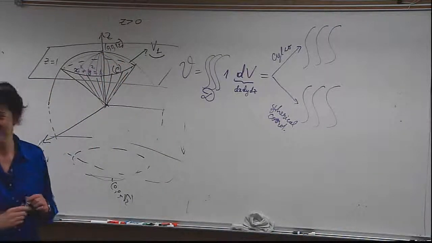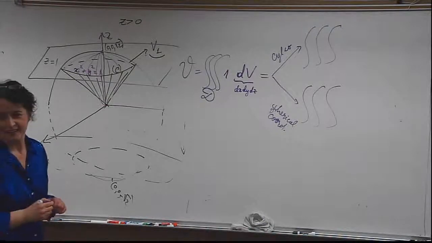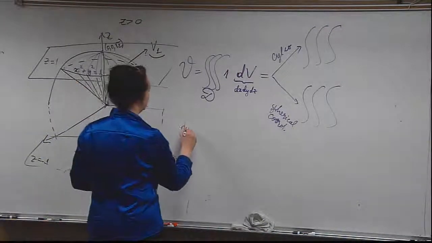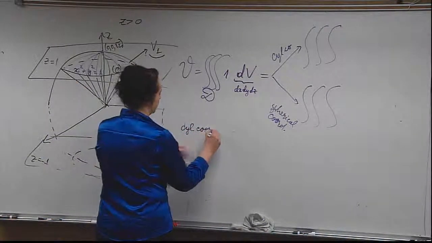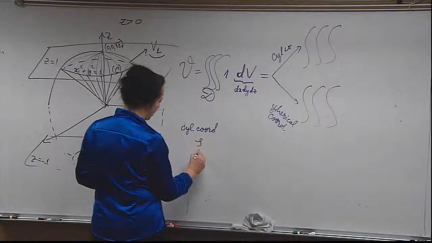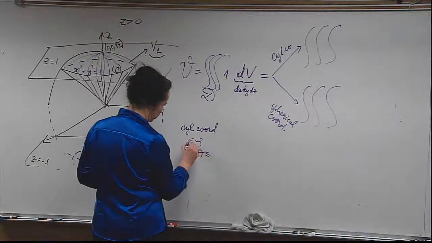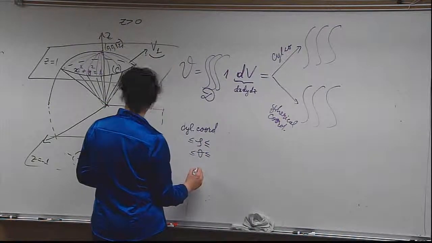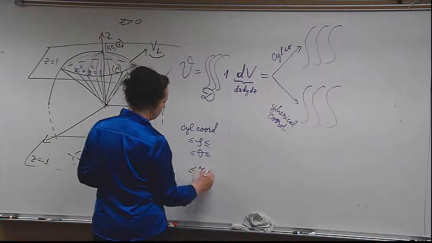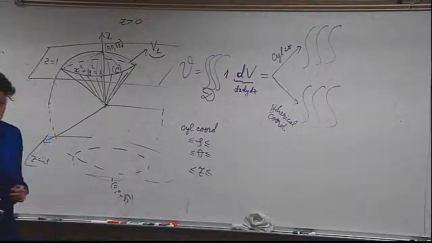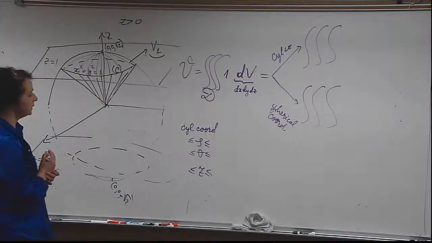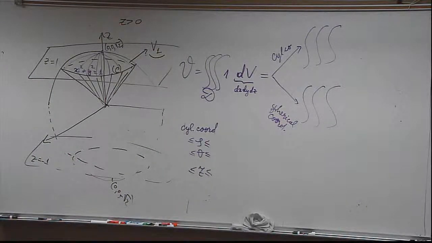Okay? h will be from 0 to square root of 2. So for cylindrical coordinates, rho and theta are really nice. We don't worry about them yet. But z should be between 0 and the square root.